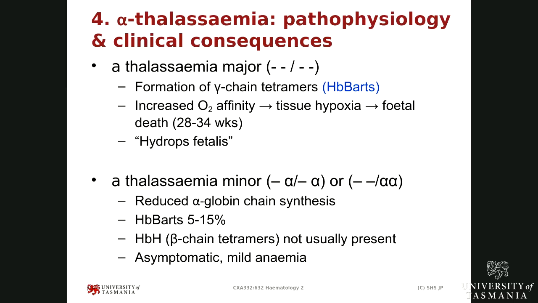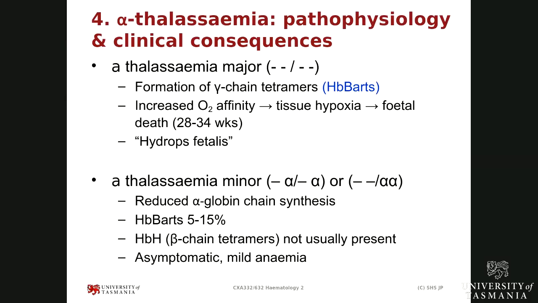And the tetramers are quite stable, but they have an increased oxygen affinity, and so we don't get proper oxygen supply to the tissues, and the fetus usually dies in utero, and it's another cause of what we call hydrops fetalis. So this is where the fetus actually dies from heart failure, and this heart failure leads to edema. And so the fetus looks like it's full of water, basically. That's what the term means.